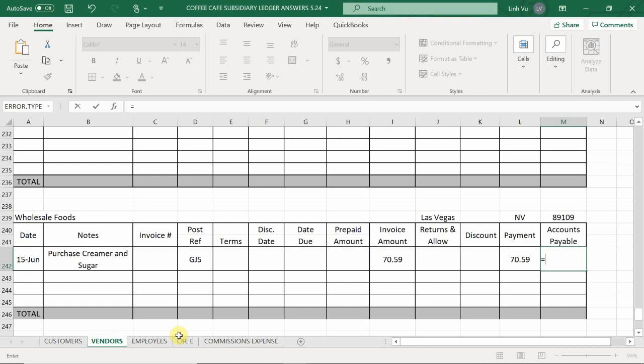I don't know the formula. You've got to do the formula. Okay. So in this case, the way we practiced it is that we start with our invoice amount.